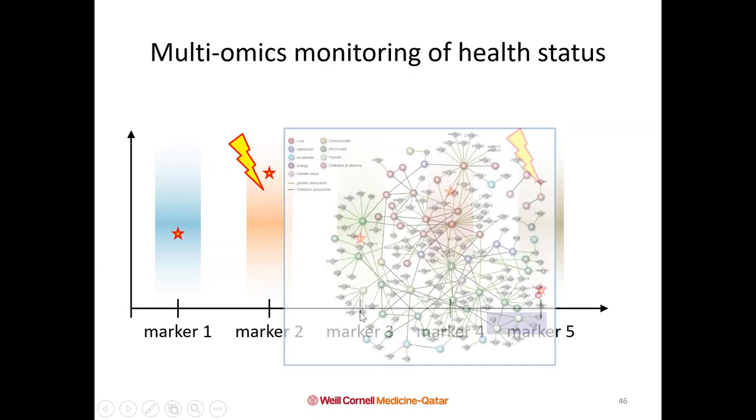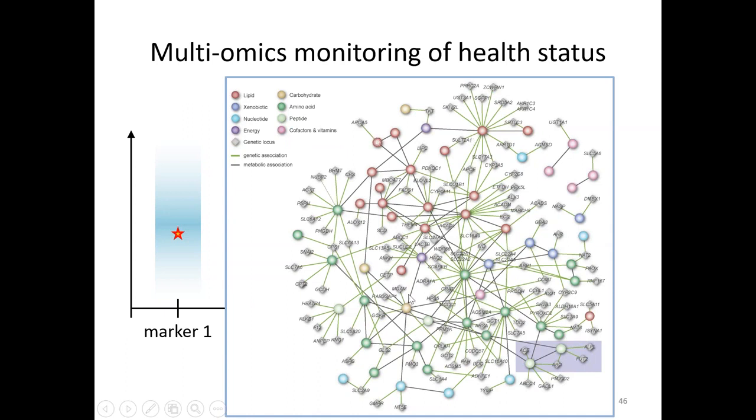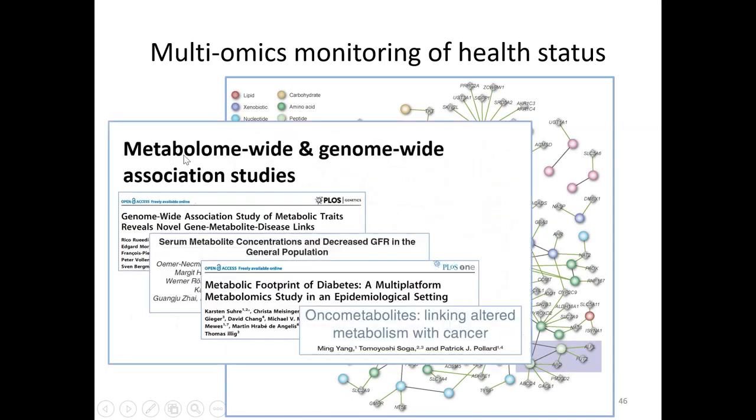You have the information on that. So the nice thing is we now have all these studies that we've done, we can basically pinpoint what these metaproteins associate with. There are a lot of metabolome-wide association studies telling you the metabolic footprint of diabetes or oncometabolites or GFR. So I could say this patient has a perturbation in his metabolic profile and his metabolites look like, for instance, a kidney problem.